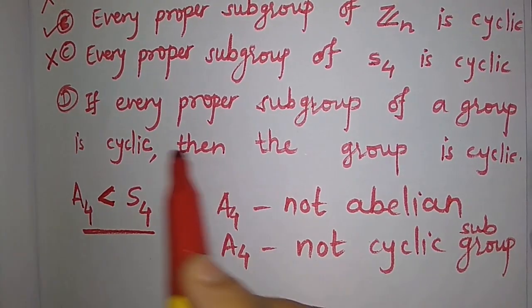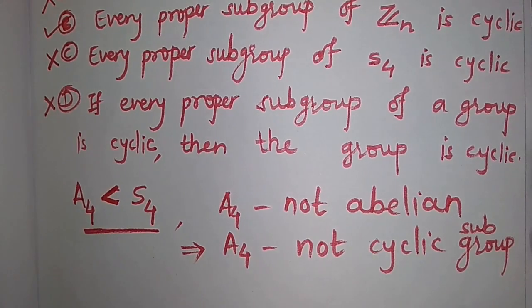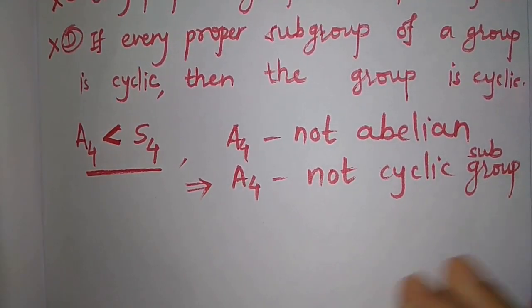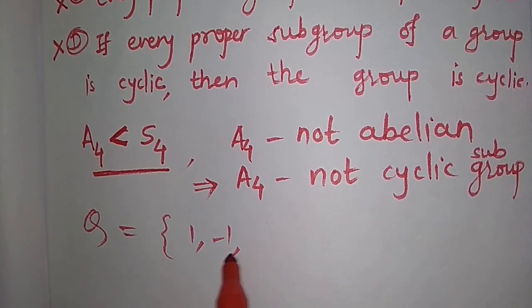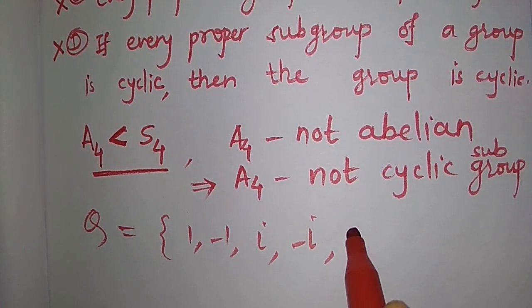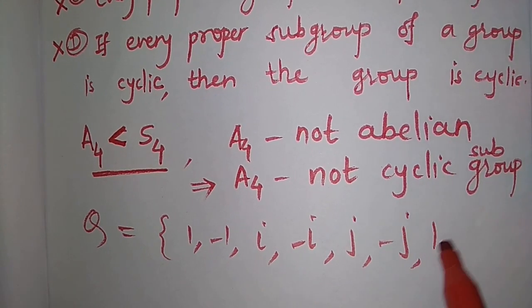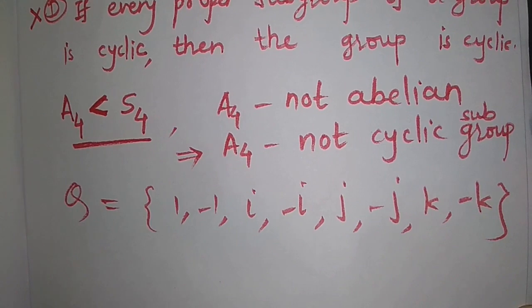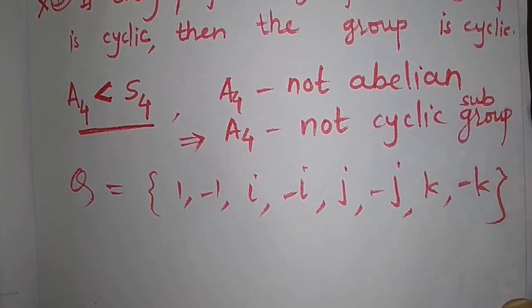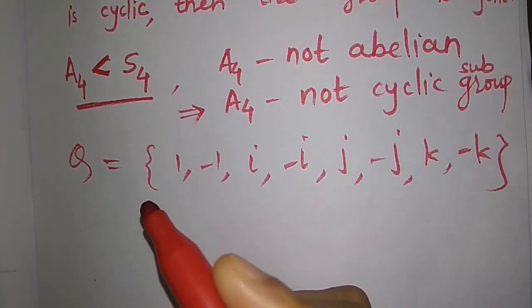This is not correct, because if you take the group of quaternions, let us say Q is equal to {1, -1, I, -I, J, -J, K, -K}. All of you are familiar with this quaternion group.